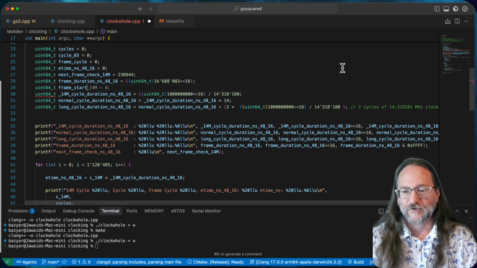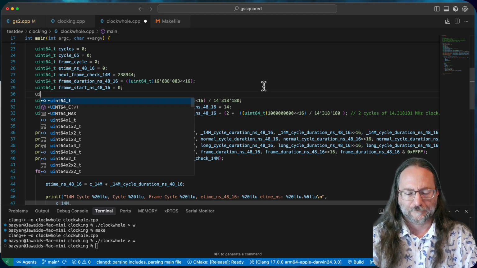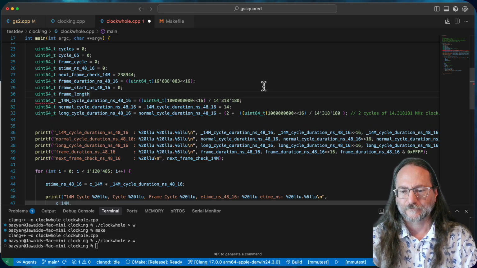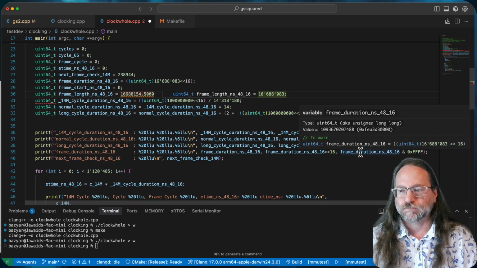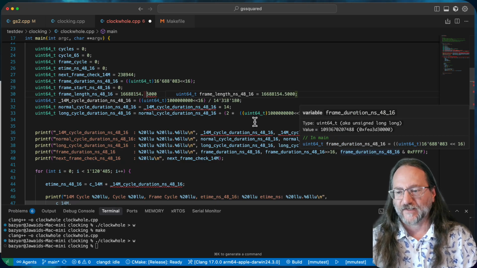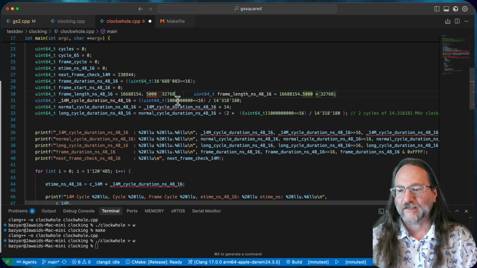Frame start nanoseconds. Yeah, it needs to be that. 0.5 is 32,768, which is a 1 followed by 15 zeros.